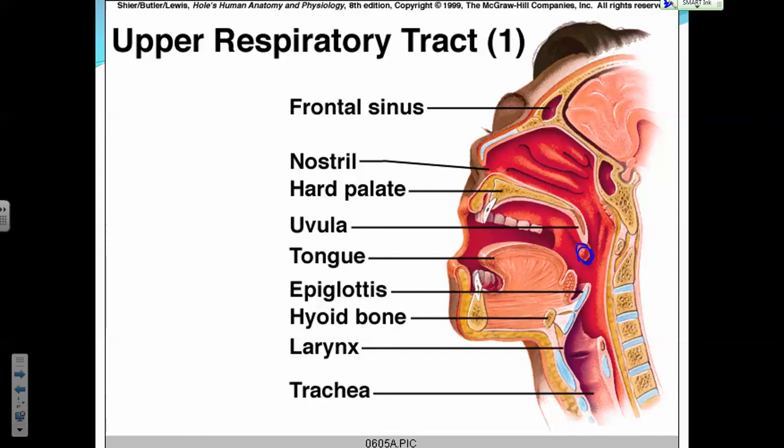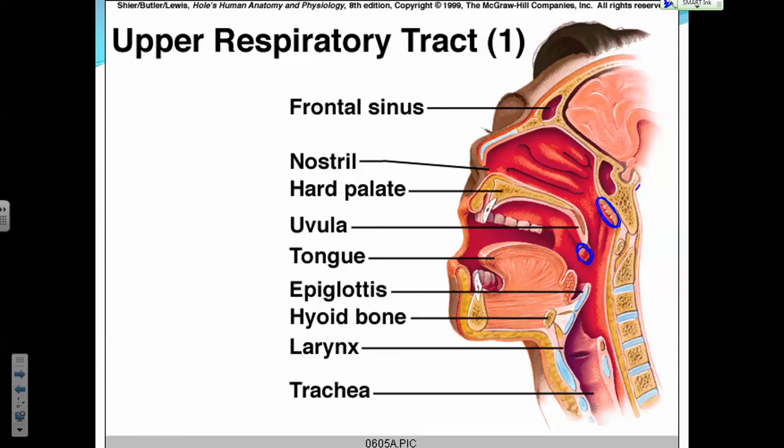Those are the palatine tonsils, is what they're called. And then you also have some tonsils that are up in the wall of the nasopharynx. Those are called the pharyngeal tonsils. If they get inflamed, they enlarge. And sometimes when somebody has a tonsillectomy, you say, "Oh, I'm going to get my tonsils taken out, but also my adenoids."